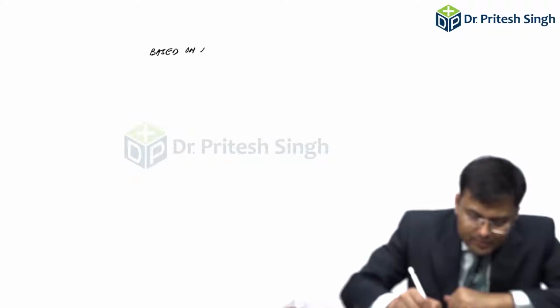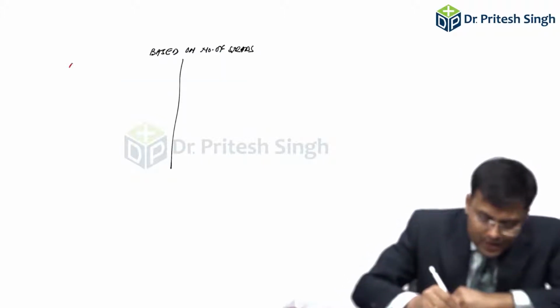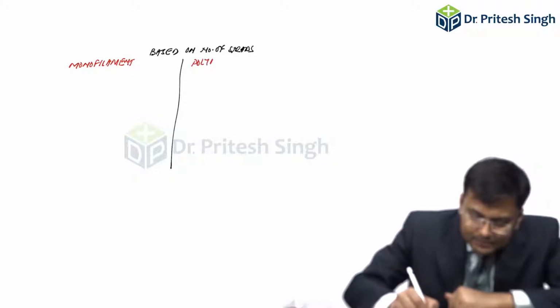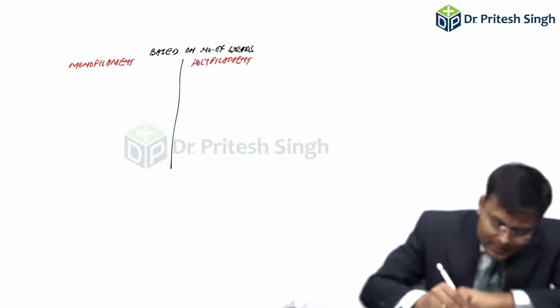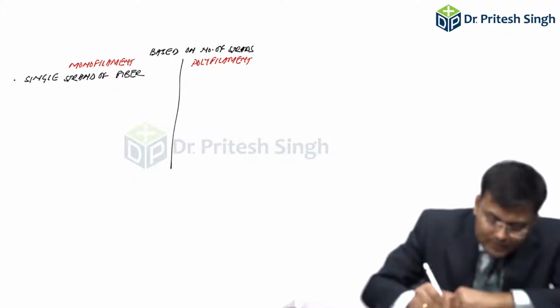Based on the number of strands, sutures are divided into two types: monofilament and polyfilament. In monofilament, there is a single strand of fiber. That's why it's smooth and strong.